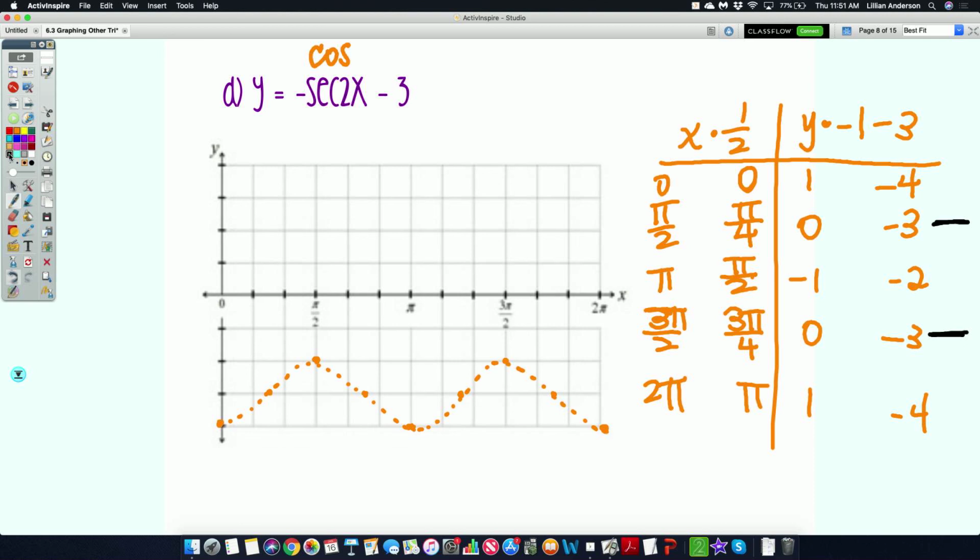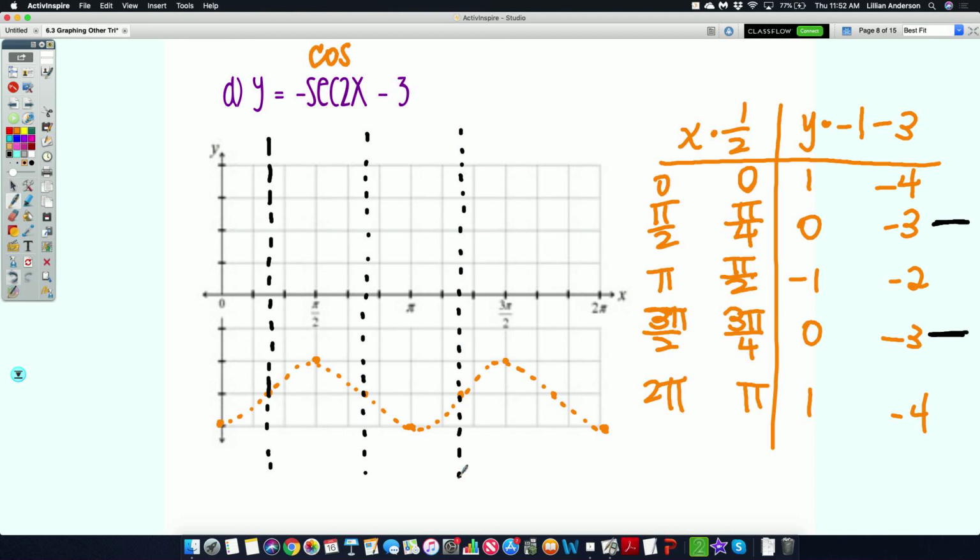I'm going to add in my asymptotes at pi over 4 and 3 pi over 4. Anywhere there's a negative 3, exactly, which were all my over 4s. And then you add the parabolas to the maxes and the mins.